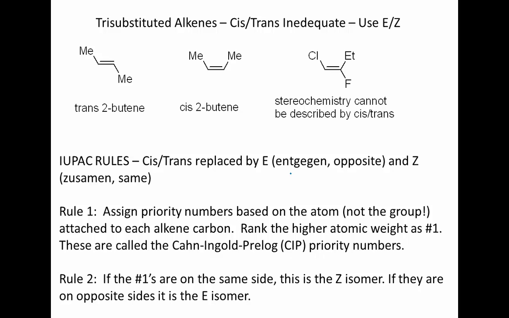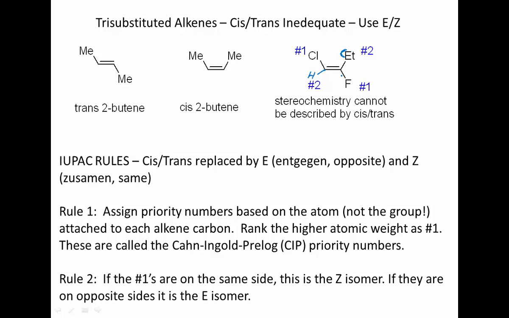So if we look at this molecule in the upper right, where we could not assign cis and trans anymore, we can just look at the atoms that are directly attached and assign the priority numbers. Chlorine is heavier than hydrogen, a lot heavier. Ethyl, which means we have a carbon directly attached, isn't quite as heavy as fluorine.